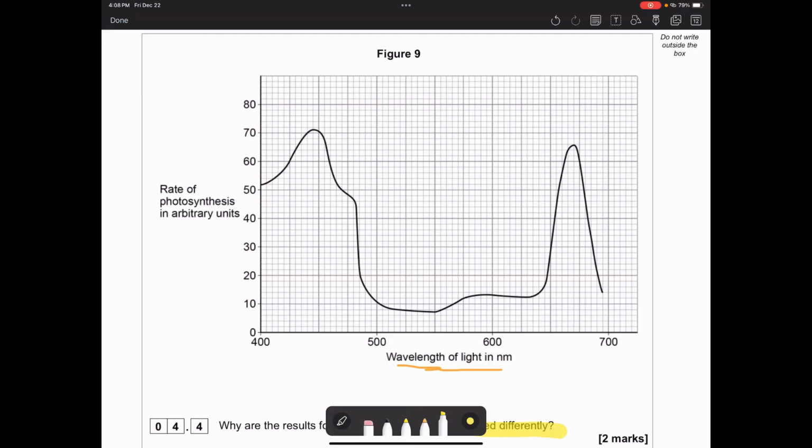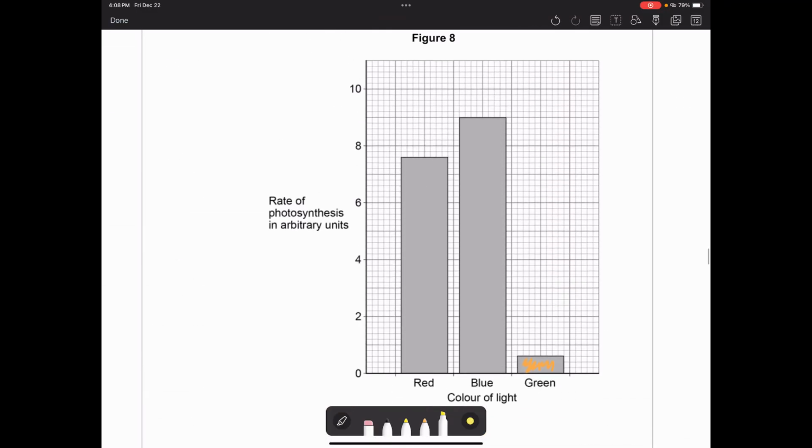So why have they been presented in this way? Well, this is just a fact that you need to know, that if you've got categoric data, so categoric data is when your independent variable is words or categories, that means you would present it as a bar chart.